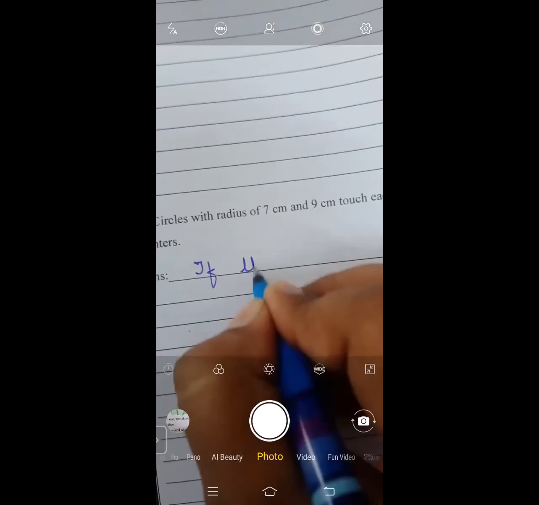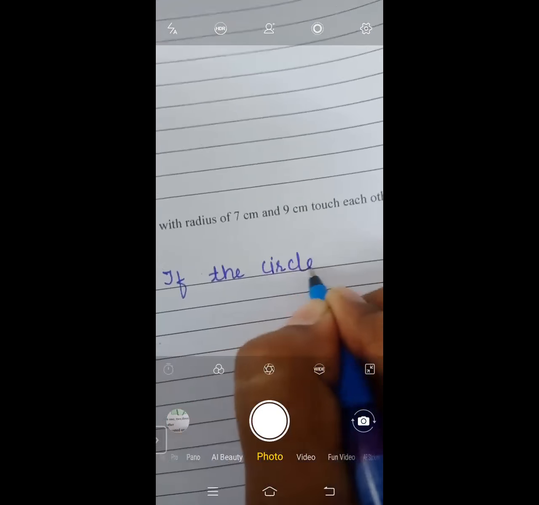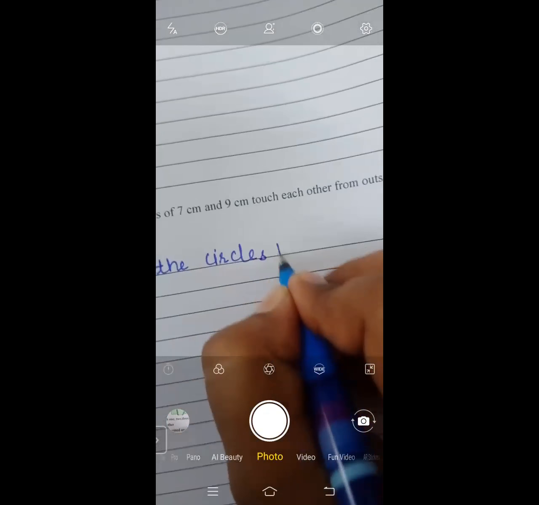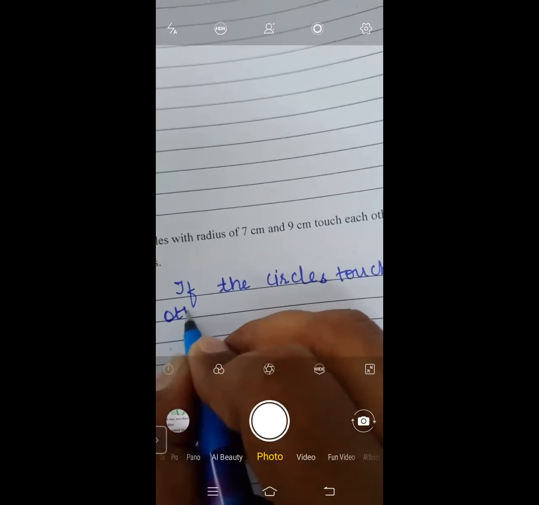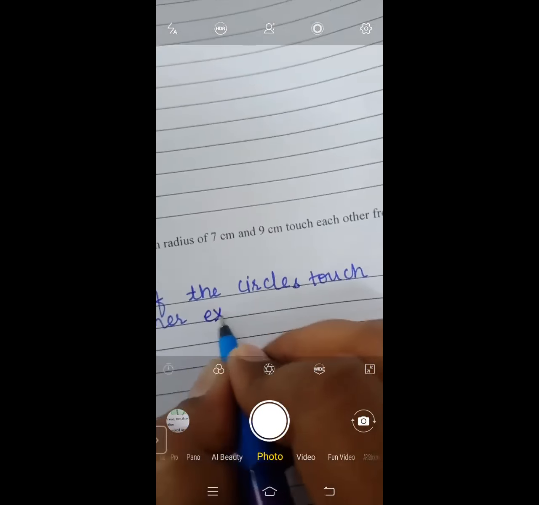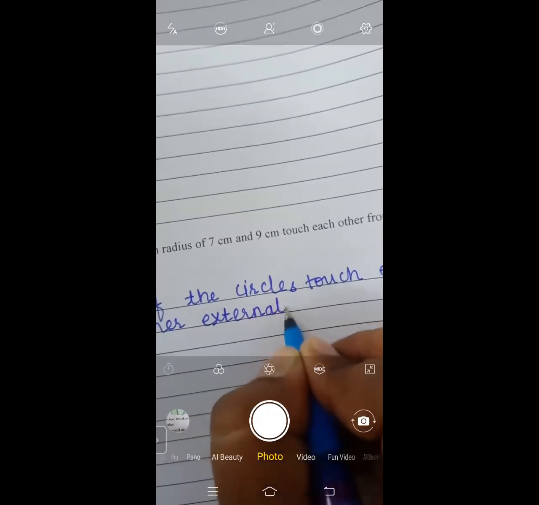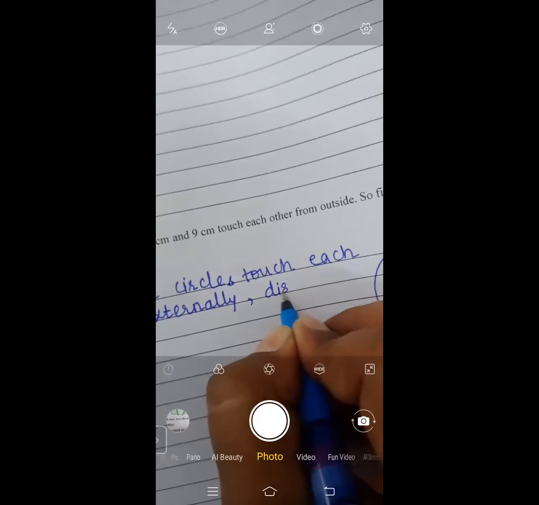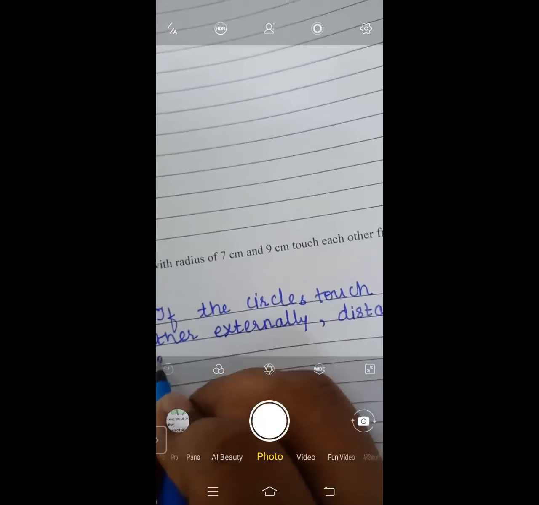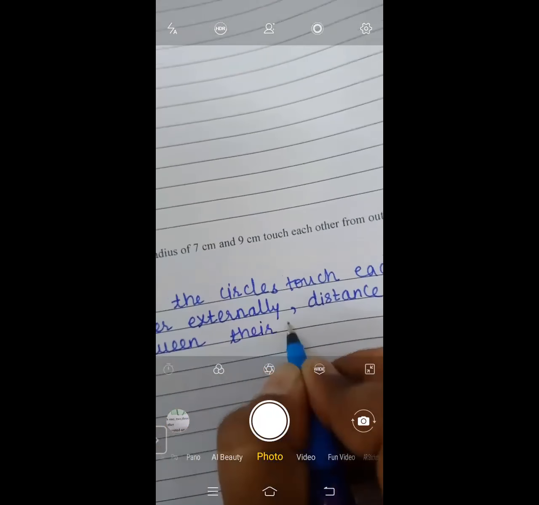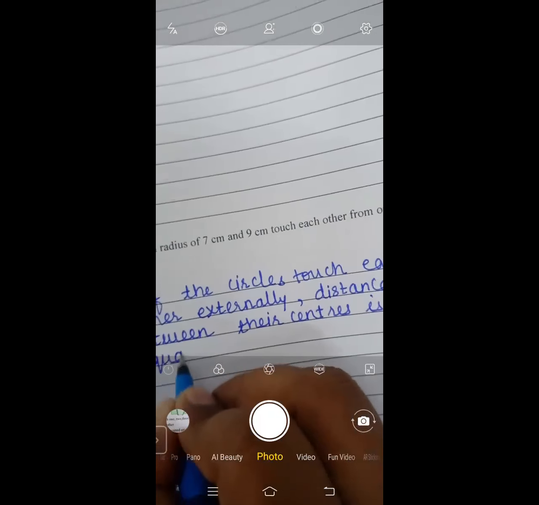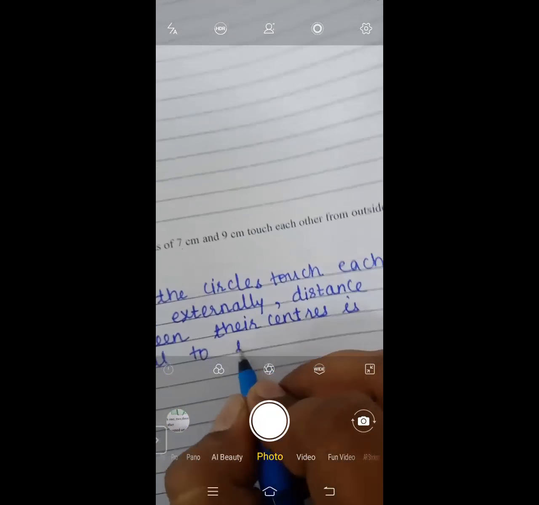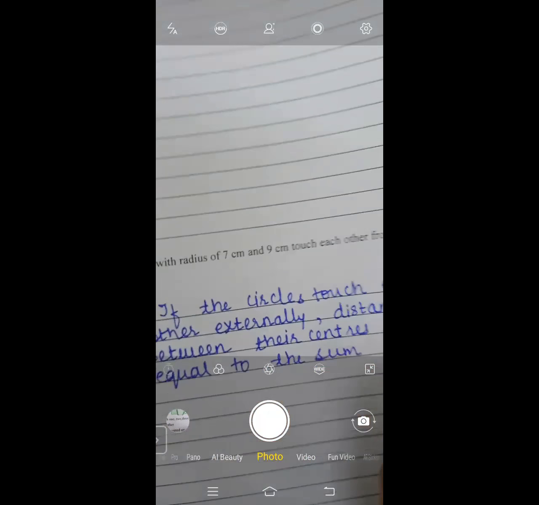If the circles touch each other externally, the distance between their centers is equal to the sum of their radii.